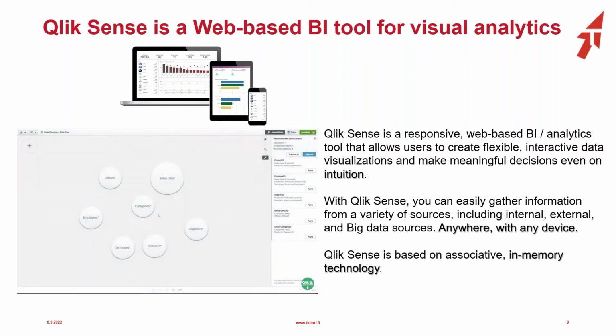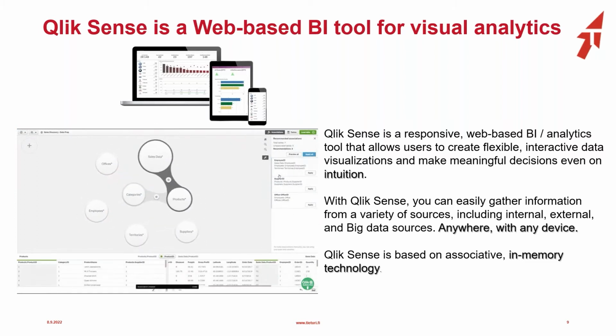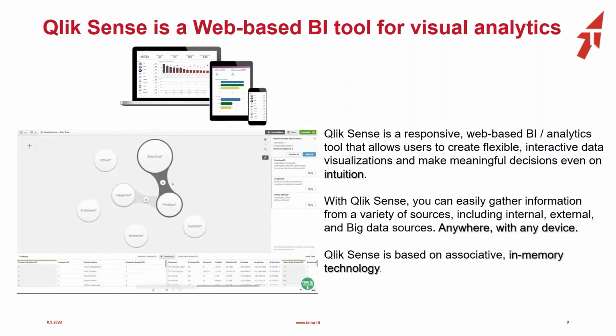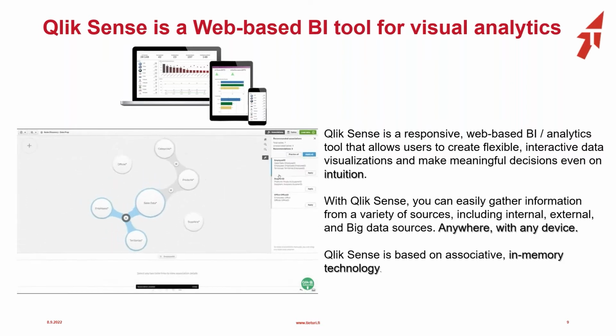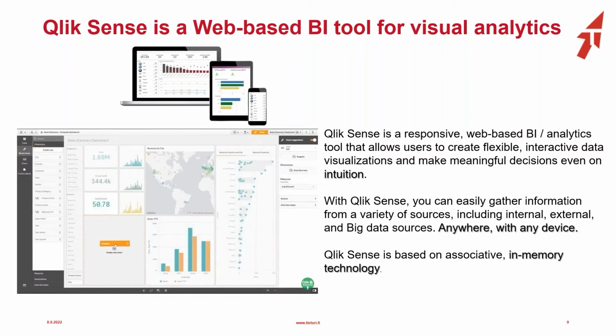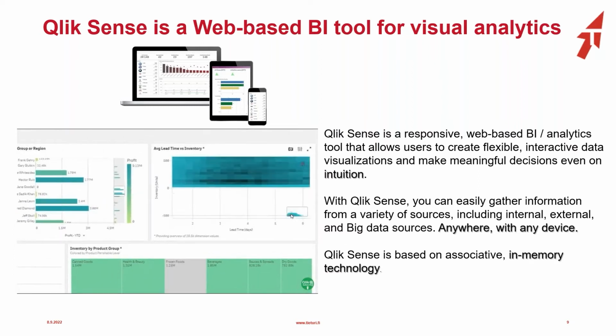The core of Qlik Sense that is based on associative in-memory technology. So basically means you have the whole data in memory and you can use it as such. So it's quick, flexible, intuitive.